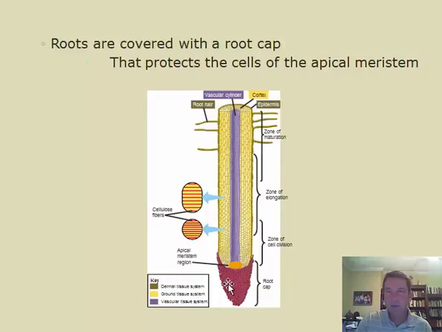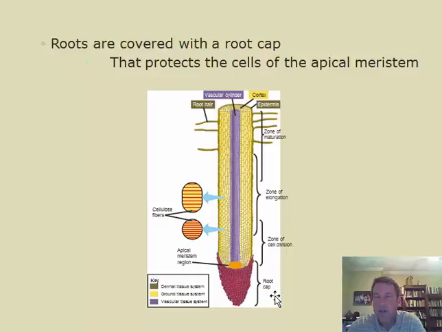And this is a tip of a root right here. All right, so right down here is where we have our apical meristem, the tip of the root. We call it meristematic tissue. It's tissue that is dividing. It's making new cells. All the new cells that have been produced from this are shown right here in purple.